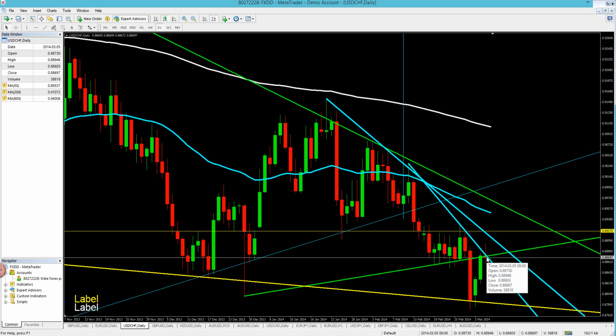I think that may be one of the clearer signals, just because we had this trend line on here for a very long time now, the last couple of weeks, and it has really proven itself, and the market's showing to acknowledge it. So that's a very good place for us to look for a sell here. So in the dollar Swiss, I would be looking for a sell.